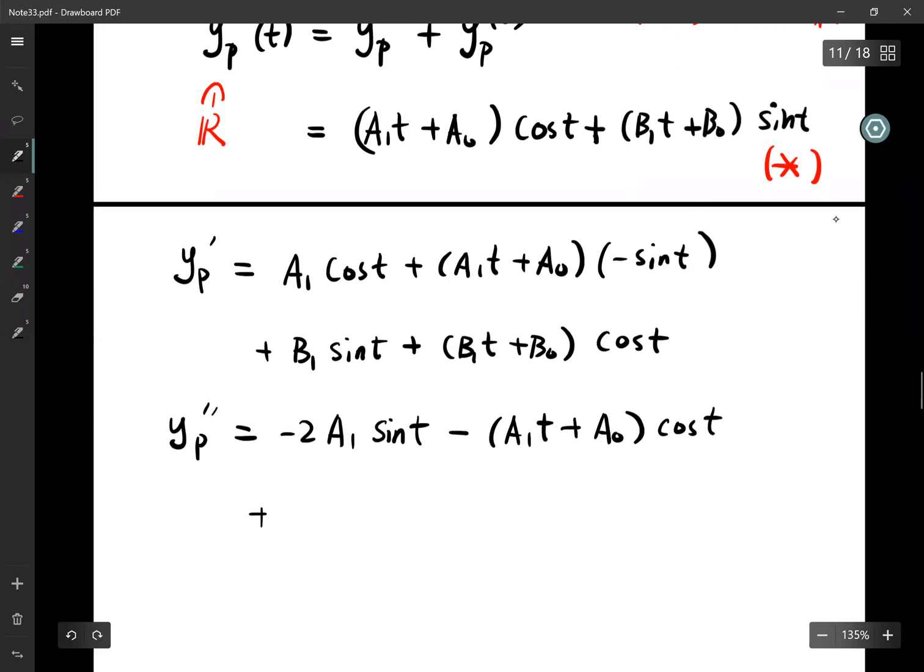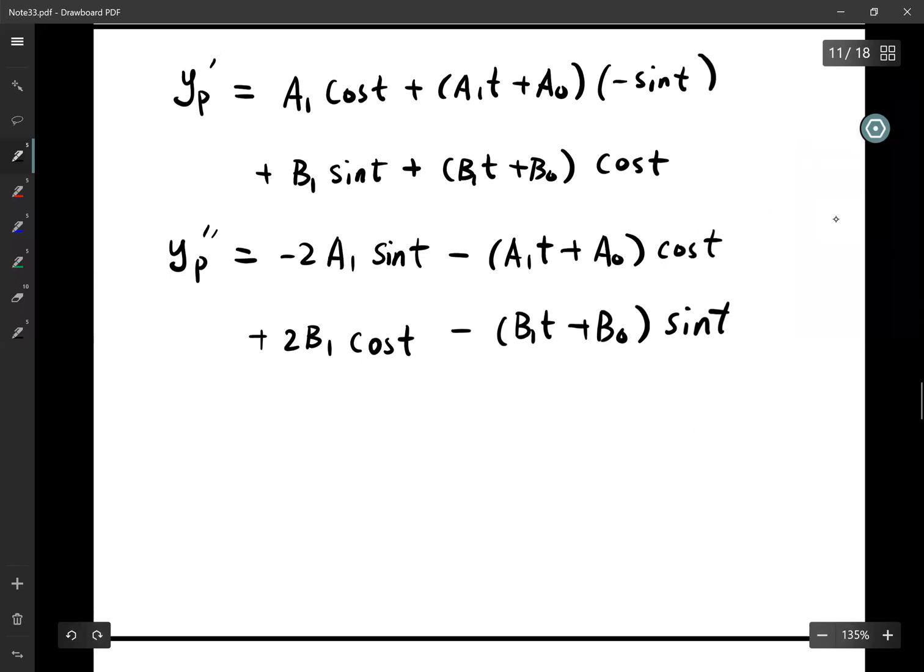and so this is 2b1 cosine t, and this will be minus b1t plus b0 sine t. So now I want this one to be t times cosine t. T times cosine t is on here, so minus 2a1. I first collect the sine term here, sine and this, minus b0, so this should be 0.